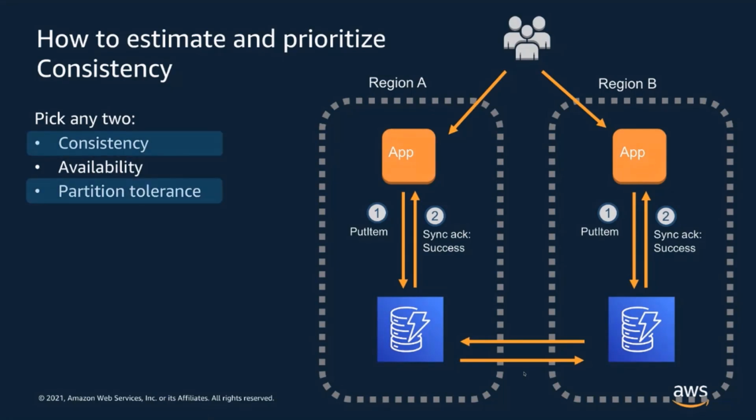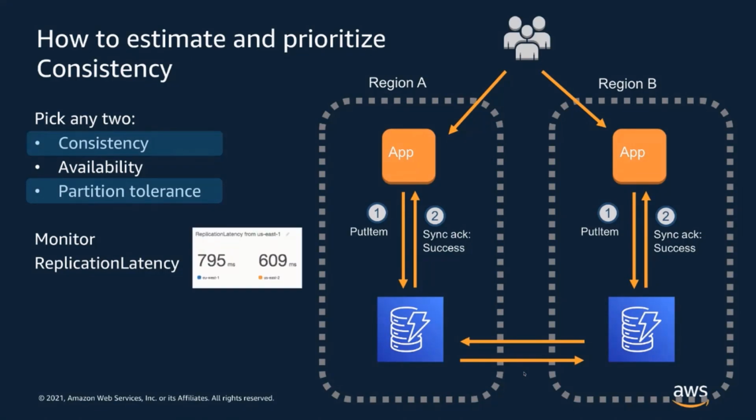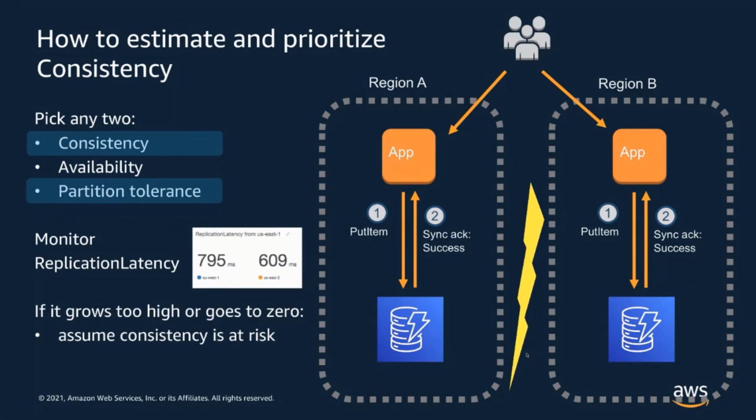So if we do a CP system, we have available to us a stat in CloudWatch called replication latency. And you saw it on the other slide there. It's typically about half a second to a second, to maybe a little more. But keep an eye on that. If a network gets cut and the replication is starting to fail, there's our partition again in the middle, what you'll see is the replication latency go very, very high.